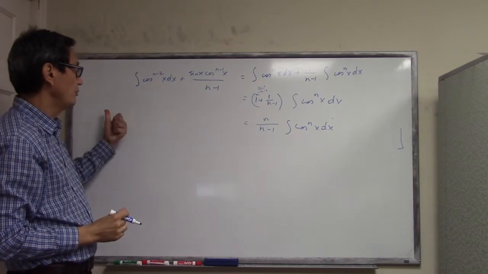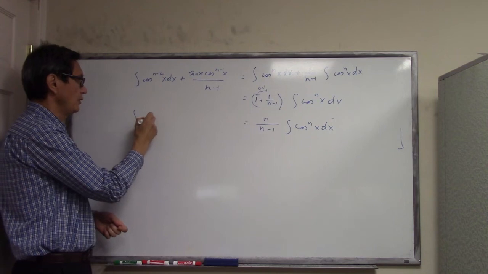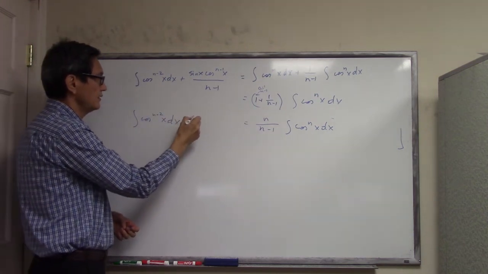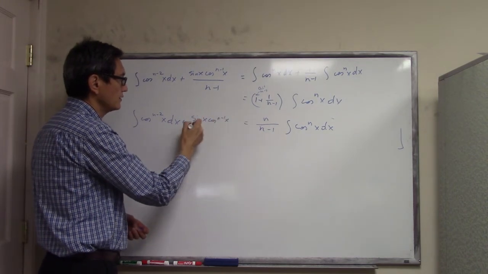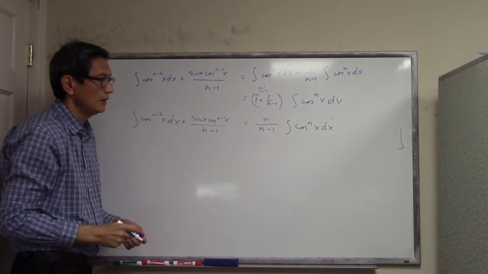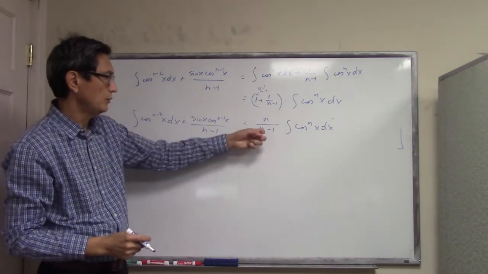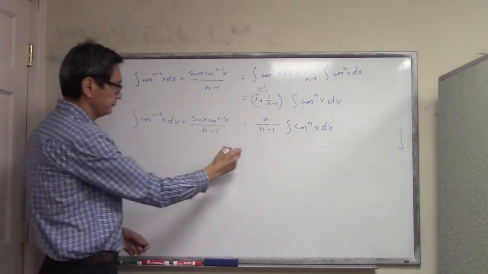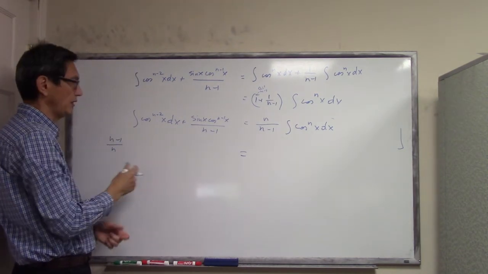Copy the left side. Cosine n minus 2 x dx plus sine x cosine n minus 1 x over n minus 1. Now I want to get rid of the coefficient of the integral on the right side, so I'm going to multiply by its reciprocal, n minus 1 over n, multiplying both sides.